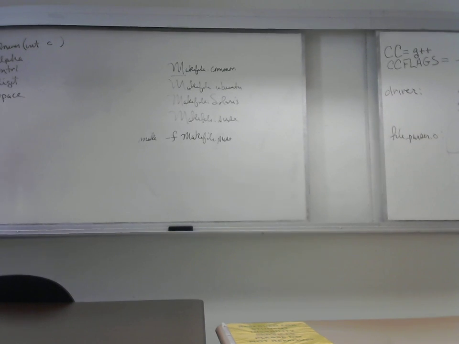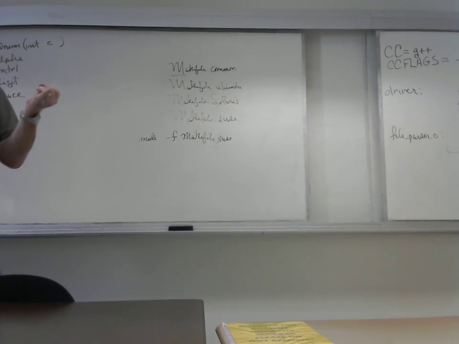Questions? Yes? So what's the difference between .cpp and .cc? Well, it depends on who you ask. That is, there isn't one right answer. The convention I use, which I want you to use in this class, is that a CPP file is only for the C++ file that has the main method.